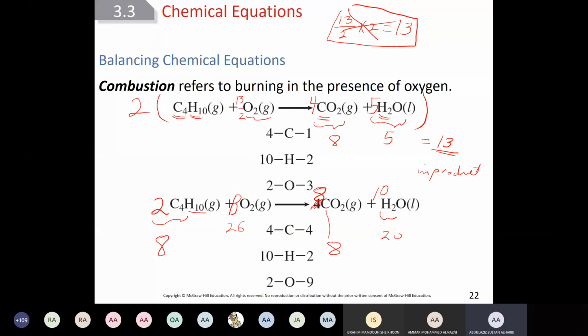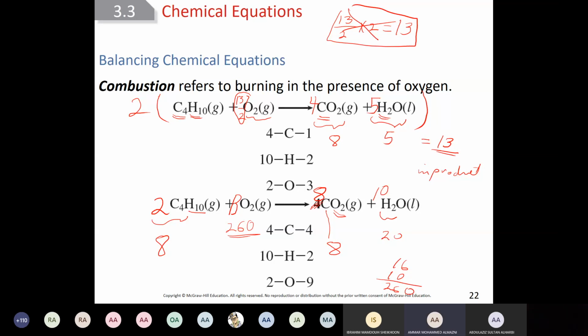Let's see. 8 times 2 is what? 16. And then 10 times 1, 10. What's the total? 26 oxygen. So it is balanced. Do you know how to balance things? Now, as I said, this is a trick that you need to do sometimes to balance, just to make sure that everything is okay. Is this clear? Yes.